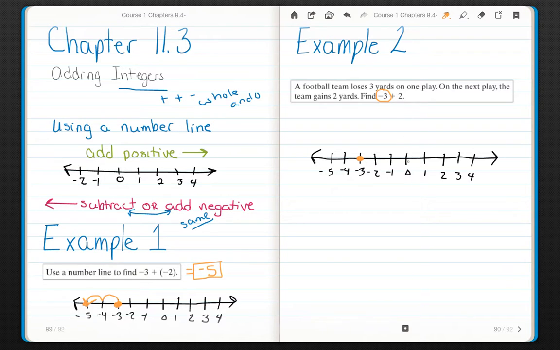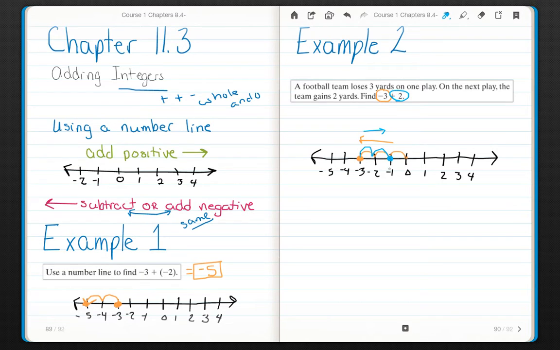Well, let me back up actually. If I think about starting at 0, this is where I started my first play, and I lost 3. I went 1, 2, 3. I moved 3 to the left. It's negative. But on the next play, I added 2 yards. I'm going to add a positive, which means I'm going to go back this way, 1, 2.